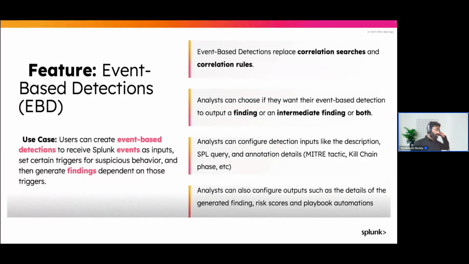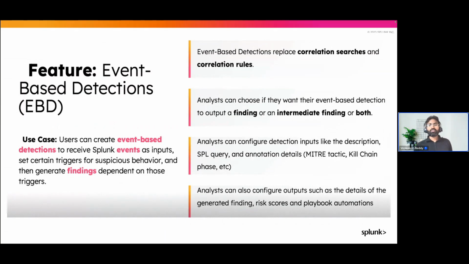Event-based detections are replacing correlation searches and correlation rules in this new ES8. So users can create event-based detections to receive Splunk events as inputs, set trigger conditions for suspicious behavior, and generate findings depending on their logic.